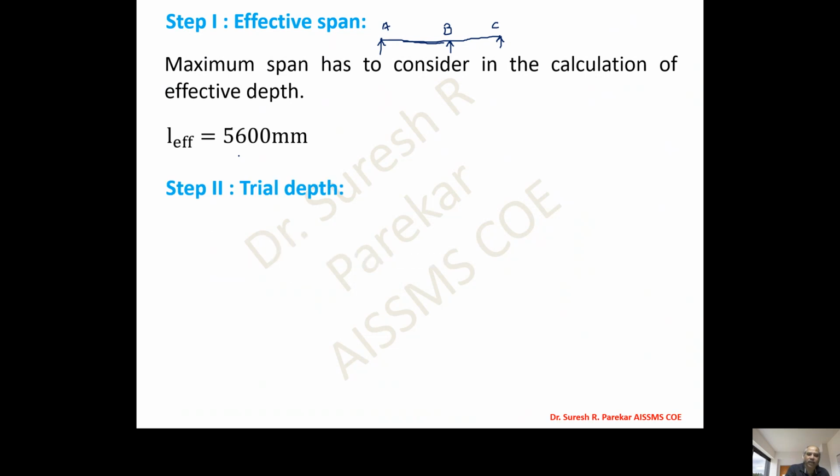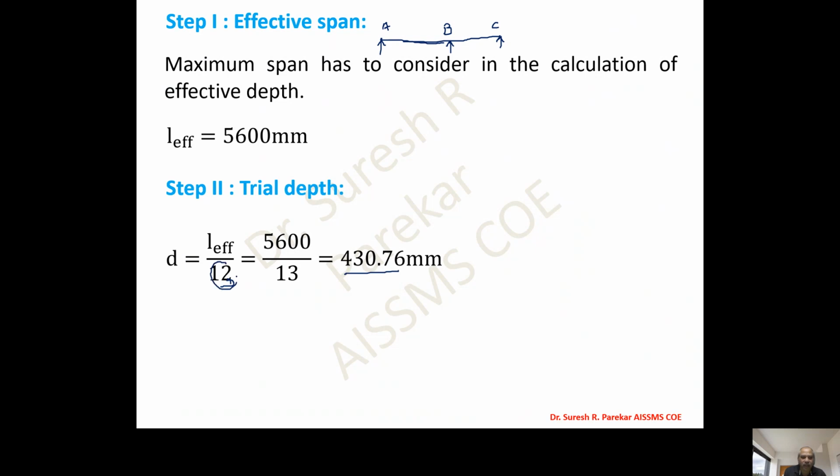Then we have step 2, trial depth, same as we have seen in ground beams and in plinth beams. So D is L effective by 12. 13 we have taken, so L effective by 13, and then we will get this value as 430.76 millimeter.